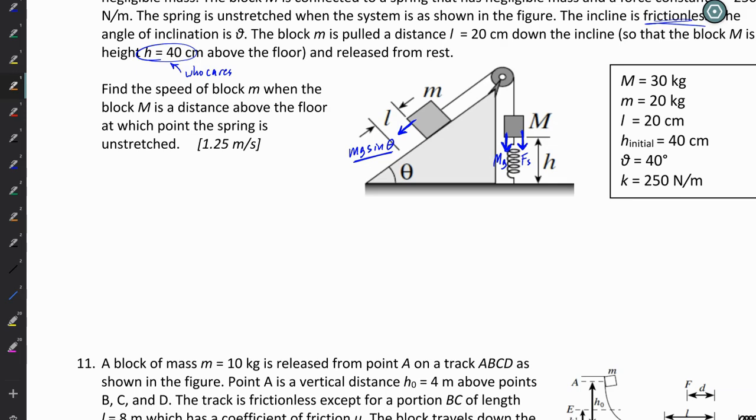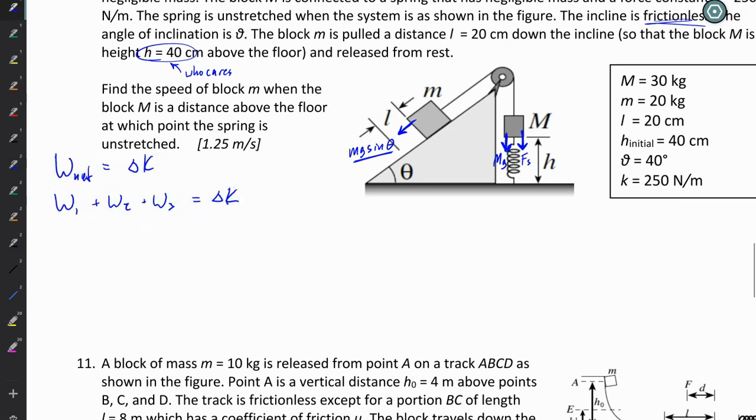One way is to recognize, or just lean on, the idea that the net work is equal to the change in kinetic energy, which is to say that the work done by the first force, the work done by the second force, and the work done by the third force, there are three forces, all add up to reveal the change in kinetic energy. So there's one direction to take, which we will do.